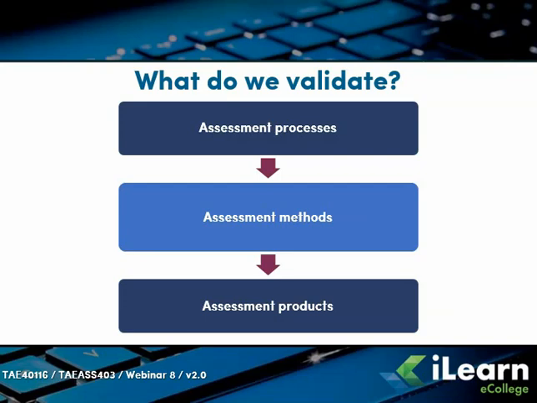The materials you would bring to the validation session might include the assessment tool, the instructions, the mapping matrix, the training and assessment strategy, the session plans, PowerPoint presentations, assessor guides, training package information, industry feedback, completed assessments, and the list goes on, because almost anything you can think of that an RTO develops which can be used to improve upon the RTO's assessment practices can be used when you're conducting a validation activity. So the three main things we're looking at when we validate are the processes, the methods, and the products.